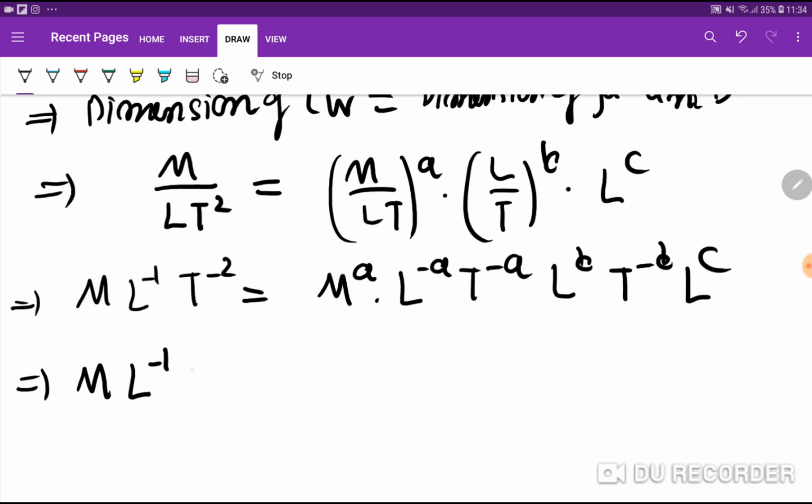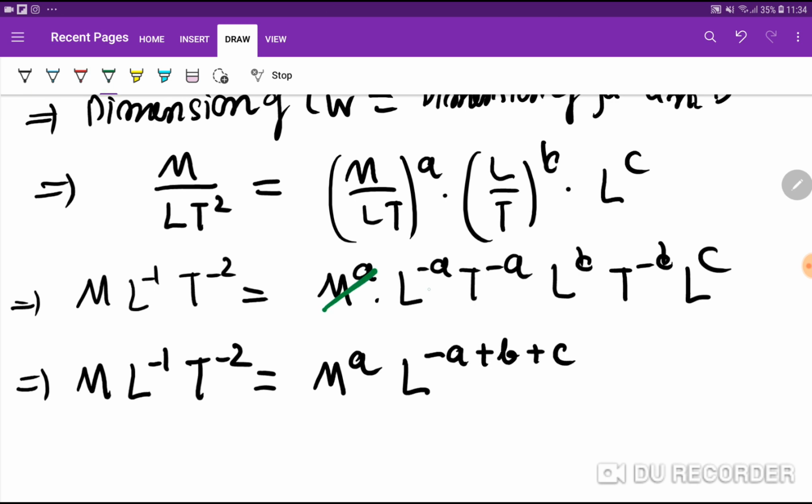So here you write M times L to the power negative 1 times t to the power negative 2 equal to M to the power of a times L to the power of negative 3a, and so on. Let's organize them. On the right hand side, I will group M, L, t together: M to the power of a plus b, L to the power of negative 3a minus b plus c, and t to the power of negative b.